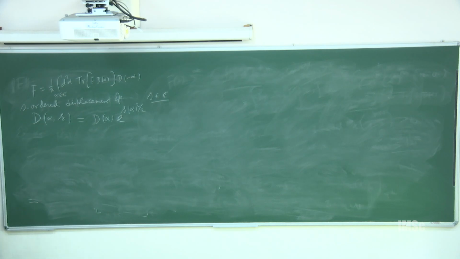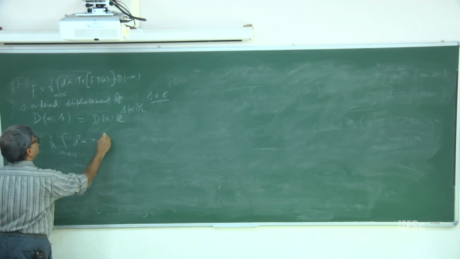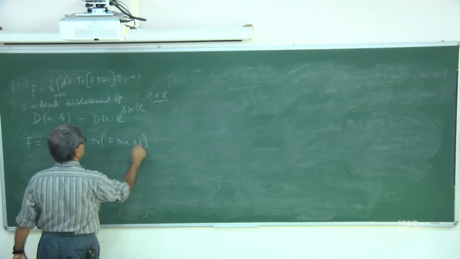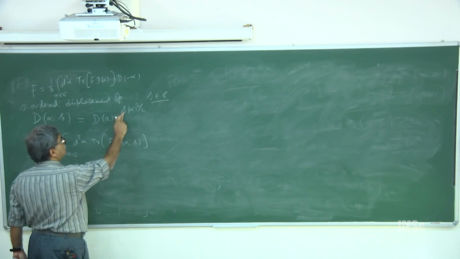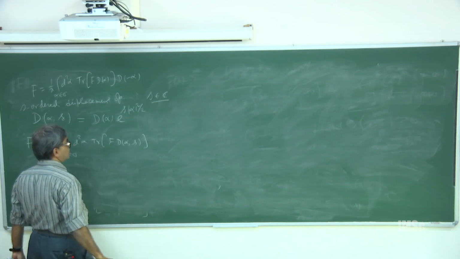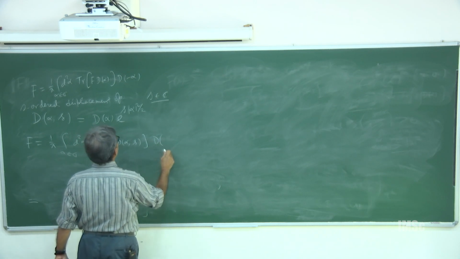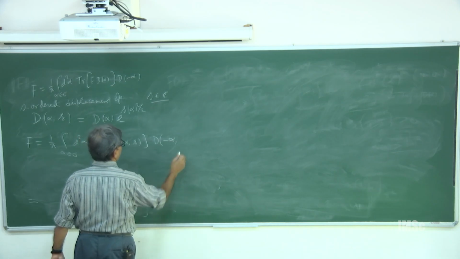Now, what you can write is f is equal to 1 upon pi, integral over alpha belonging to C, d square alpha, trace of f D of alpha and s. Okay, so I had to introduce this one. Now, I will have to take minus of this. So, what does it mean? It means that I will have to take minus alpha and minus s.